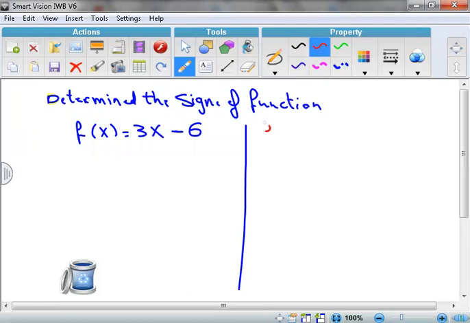Another one, f of x equals 5 minus x. We have two functions. I want to determine the sign of the function.